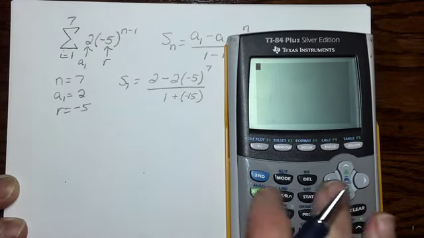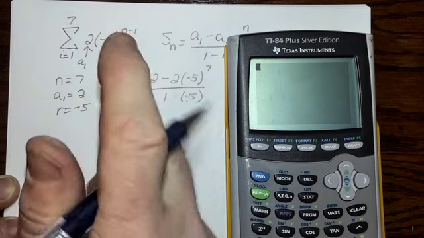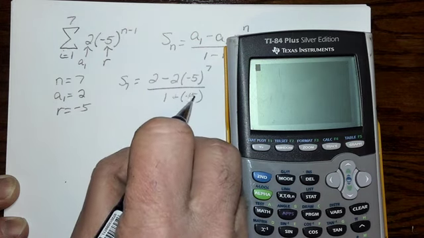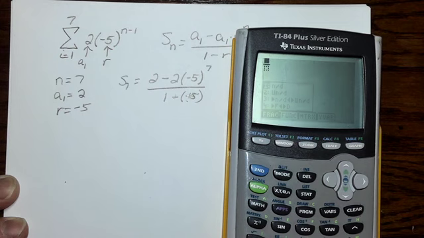Just take your calculator, and we're going to enter that in there. I won't even change these minuses. I'll just leave it the way it is. Just let the calculator take care of it. Okay, so I go alpha y equals, and there's my fraction.